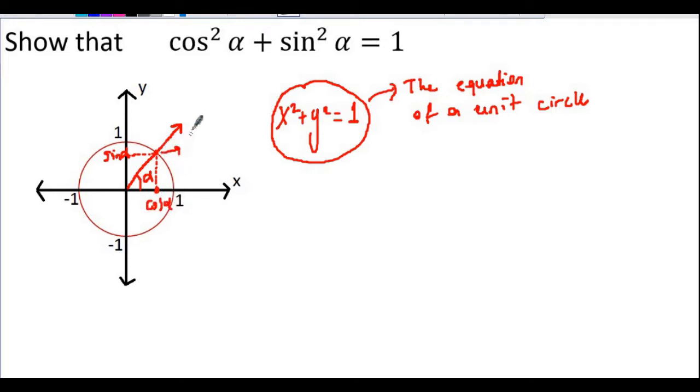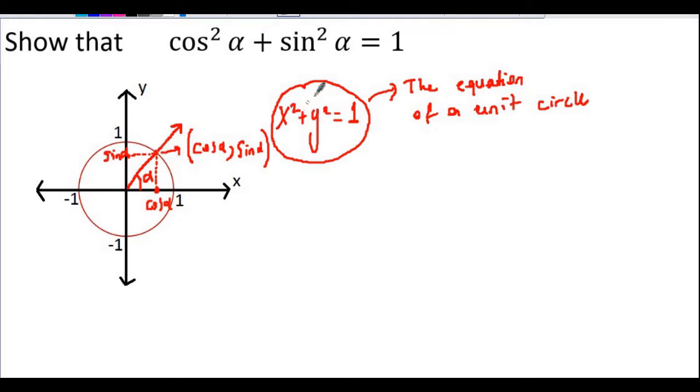So I can write the coordinates of this point as, first the x coordinate, which is cosine of alpha, comma, the y coordinate, which is sine of alpha. Cosine of alpha, comma, sine of alpha is the coordinates of this point.